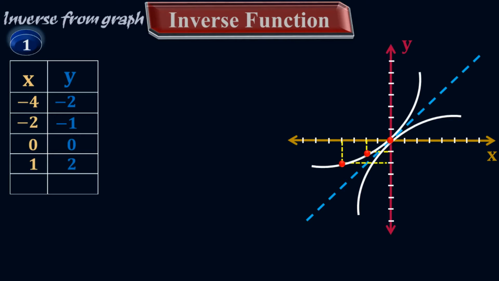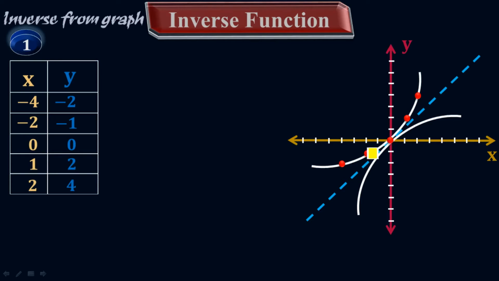But the fourth point is here, which is 1 along the x-axis and 2 along the y-axis. Similarly, my fifth point will be here, which is +2 along the x-axis and +4 along the y-axis. Look, these are just the coordinate points along the x-axis and y-axis. Let me go lesser than 0. At x equals -2, my y value is -1.